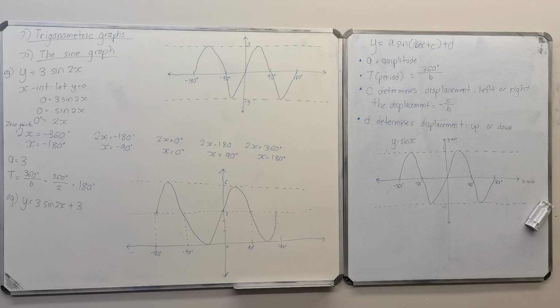When you're working it out from there, that will be 2x. Sometimes when working out your 0 points, they don't take into account the d value at all. They only take into account sine bx plus c. Remember, d is just to shift it up and down. That's all it is. It shouldn't affect the calculation in any way. All you're doing is shifting it up or down.